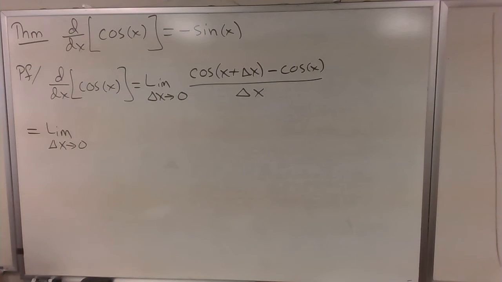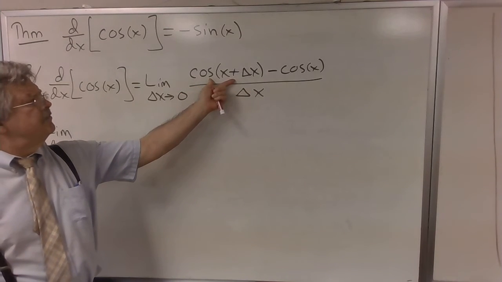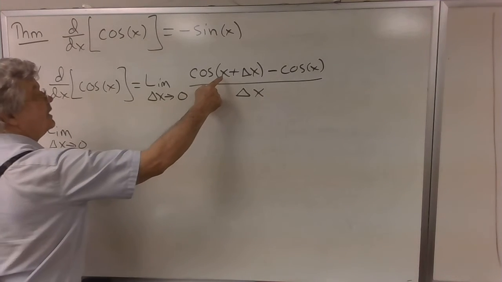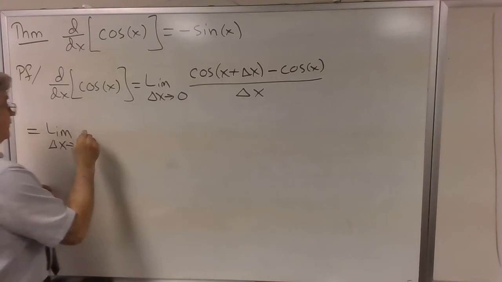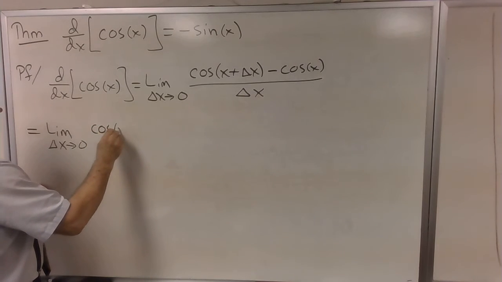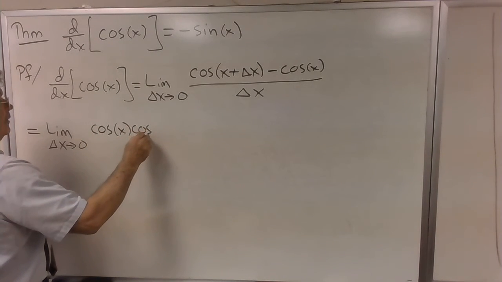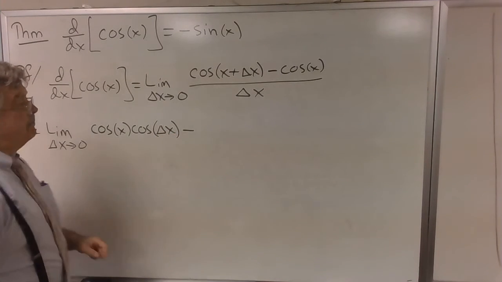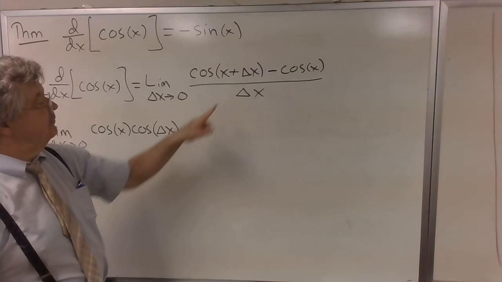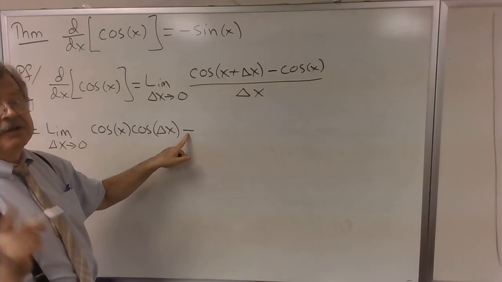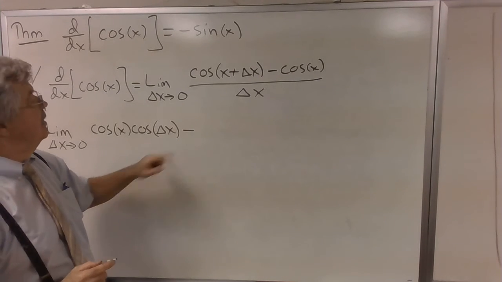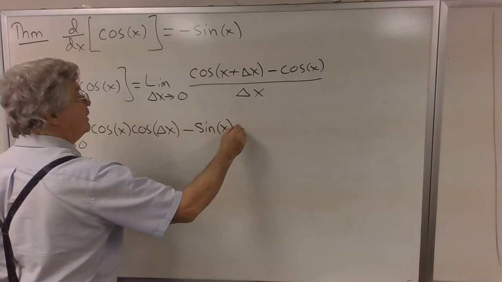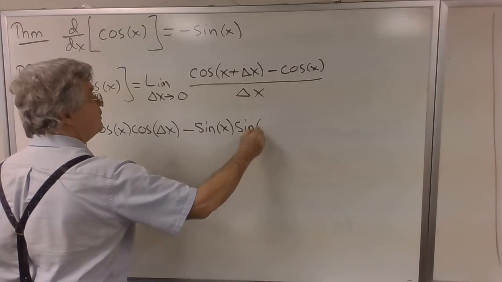Okay, cosine of the sum of two angles. That's going to be the cosine of the first times the cosine of the second. Minus, if this is a plus, we're going to have minus down here with the cosine formula. Minus the sine of the first times the sine of the second.